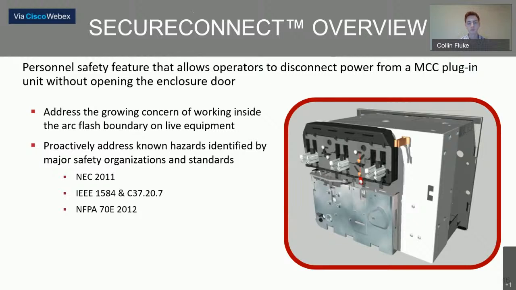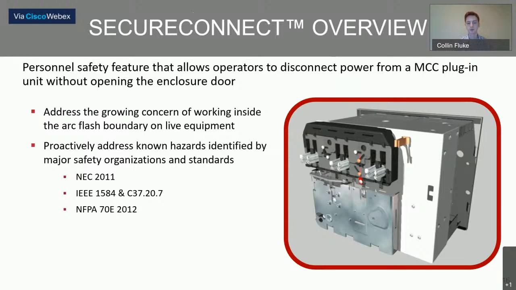Also safety features, this is with ArcShield or standard Centerline 2100 MCCs, is a feature called Secure Connect. So Secure Connect allows you to have a bucket plugged into an MCC and physically disconnect all power to that bucket, isolating it. So not even power coming in on the line side of the breaker.